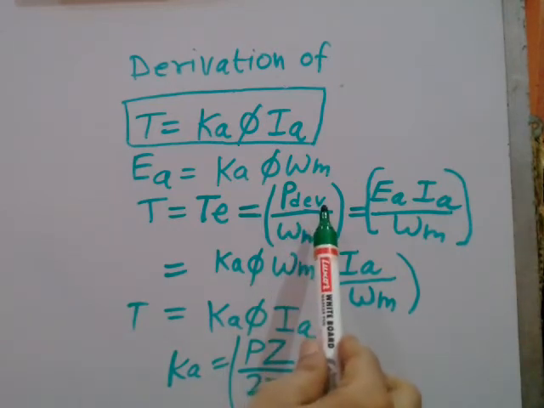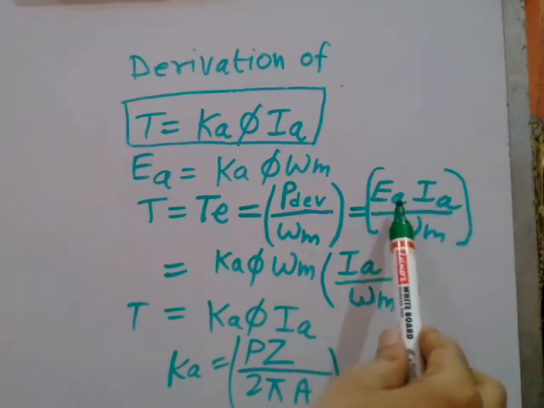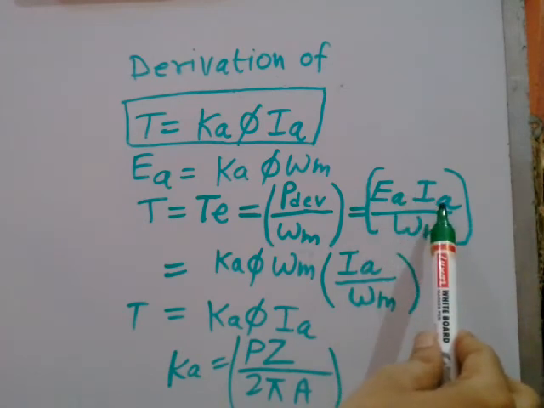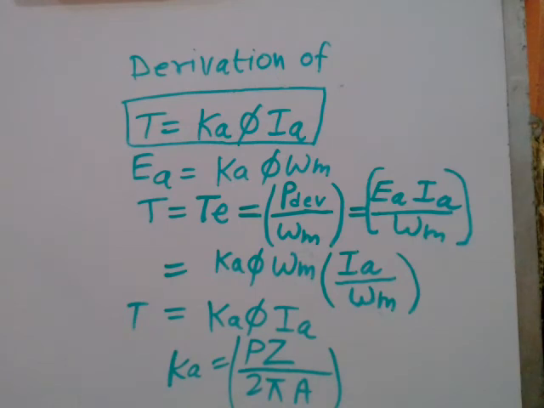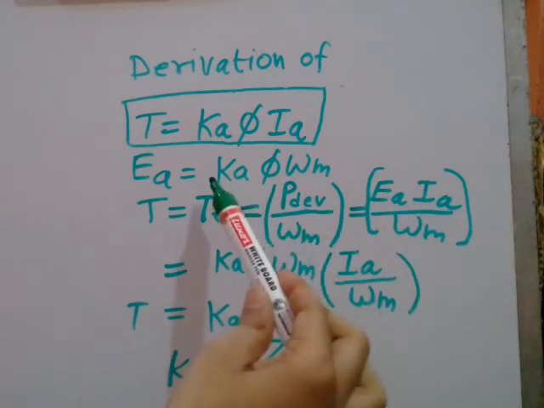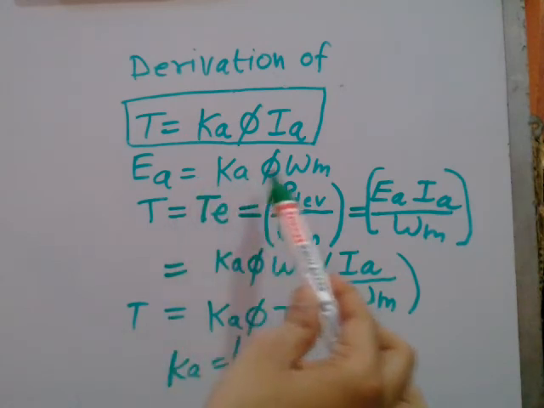So power developed in armature is EA into IA, right? Because armature induced voltage is EA only, right? So write EA into IA, armature current IA, divided by angular speed of rotor, that is omega m, right? So here in place of EA, just write EA is equal to K phi omega m, which we have earlier derived in the EMF equation.